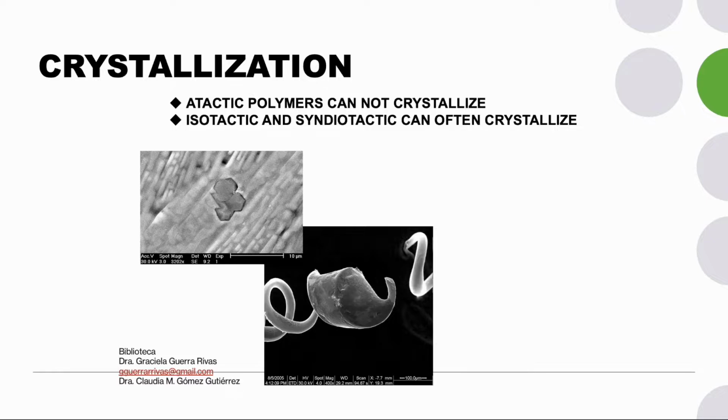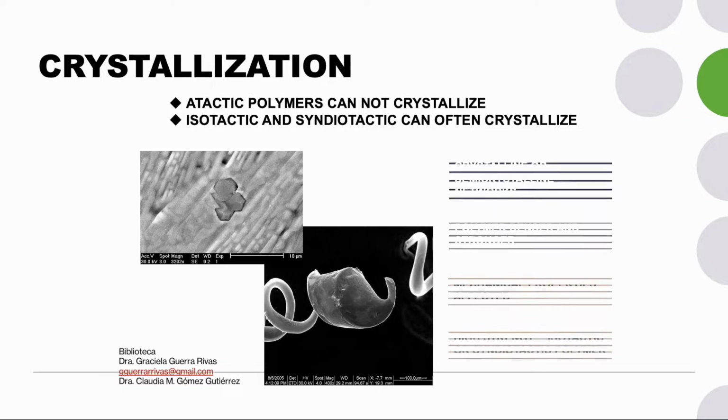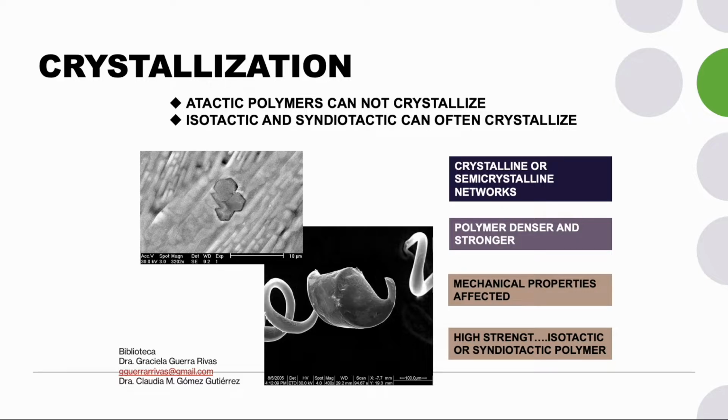In contrast, atactic polymers have a random arrangement of the repeating units, so they will not be able to form crystals and will usually form amorphous glasses instead. When polymers have a crystalline structure, the intermolecular forces of attraction are at a maximum, so the polymer created is denser and stronger. Tacticity and crystallinity are essential in the polymer synthesis industry.